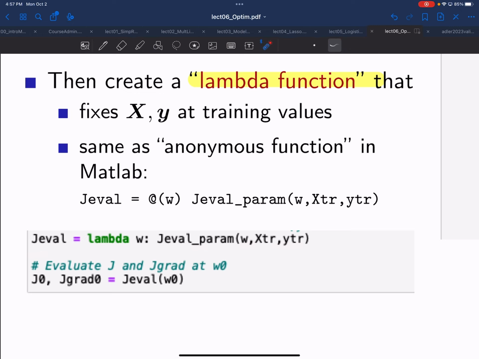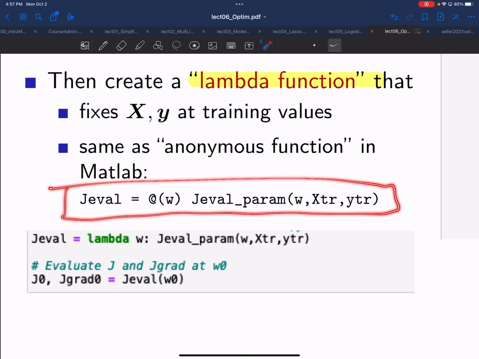So it says, essentially, let's make a function of w alone, and this is going to be the function. So here is how we're going to make it. We're going to take our J eval. We're going to plug in fixed values of our training features and targets, but we're going to let this w be free. So now I've created a new function that is only a function of w. You may have seen this in MATLAB. In MATLAB, they're called anonymous functions. They work exactly the same way.